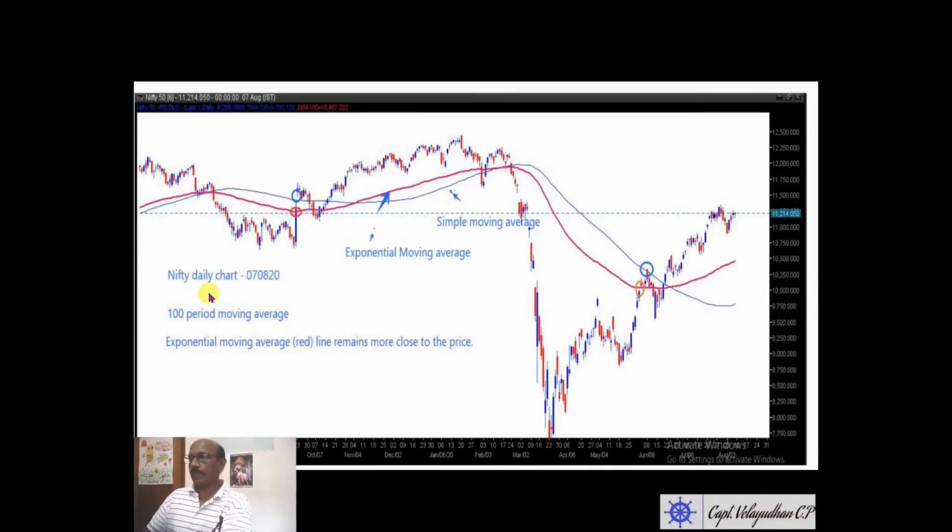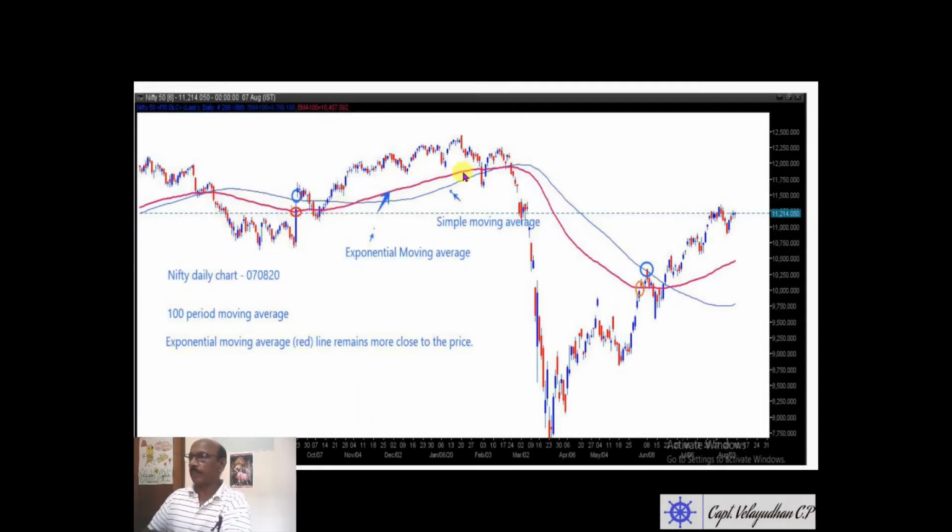This is an example of exponential moving average. This is a 100 period moving average. The red line indicates the exponential and the blue line indicates simple moving average. We can see exponential moving average lies close to the price.